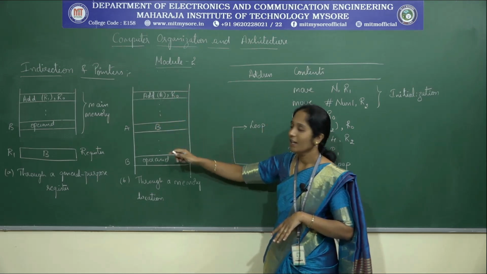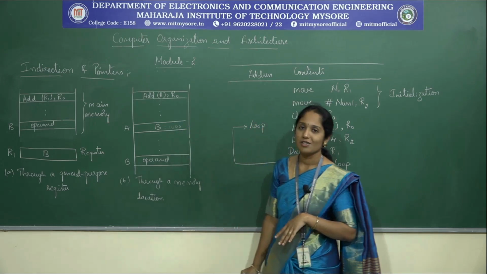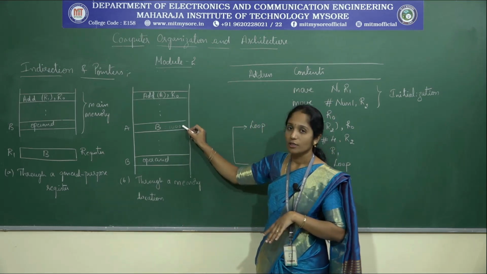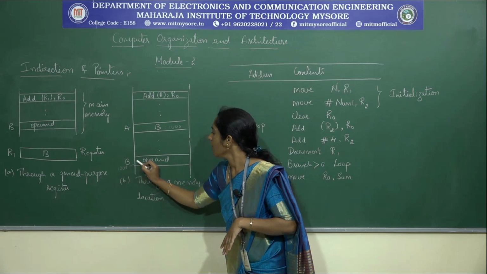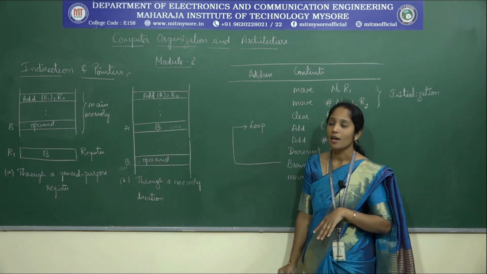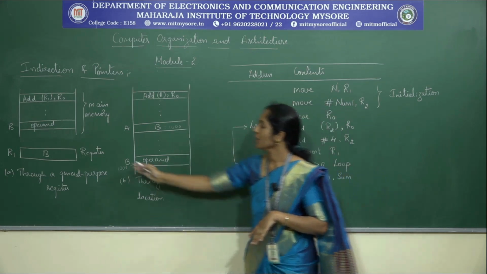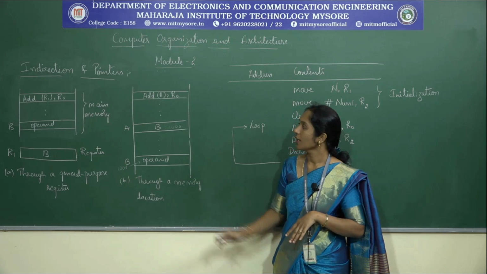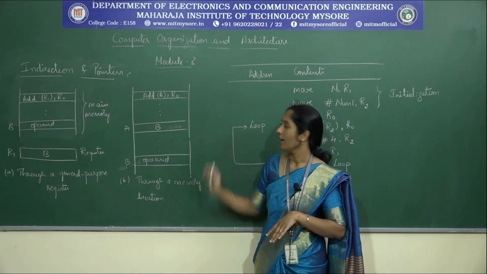Let us say that location is 1000, and there we have the operand which is to be added to the register R0. These are the two ways of using pointers, or the indirect addressing mode, in machine level language.